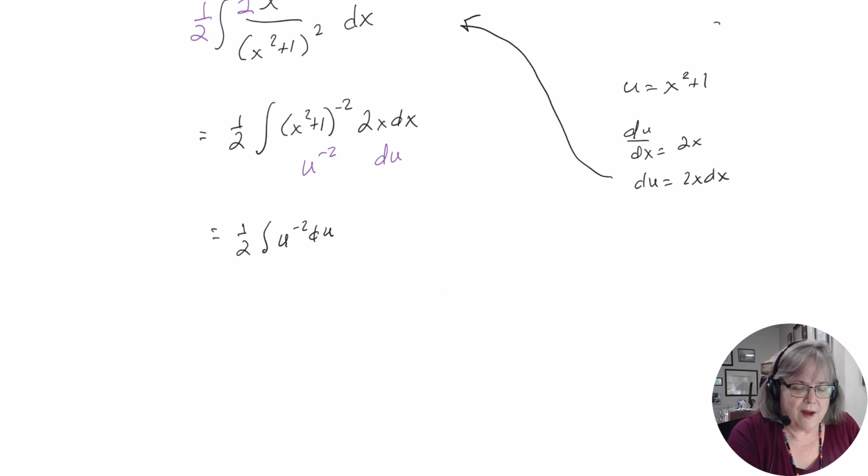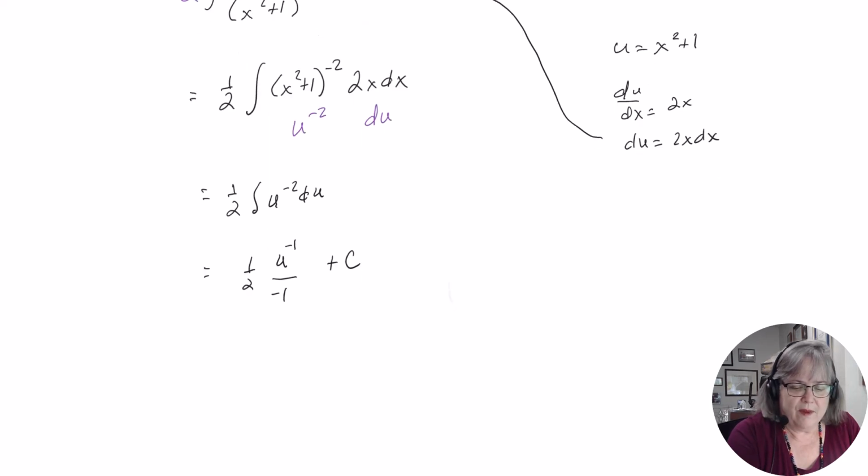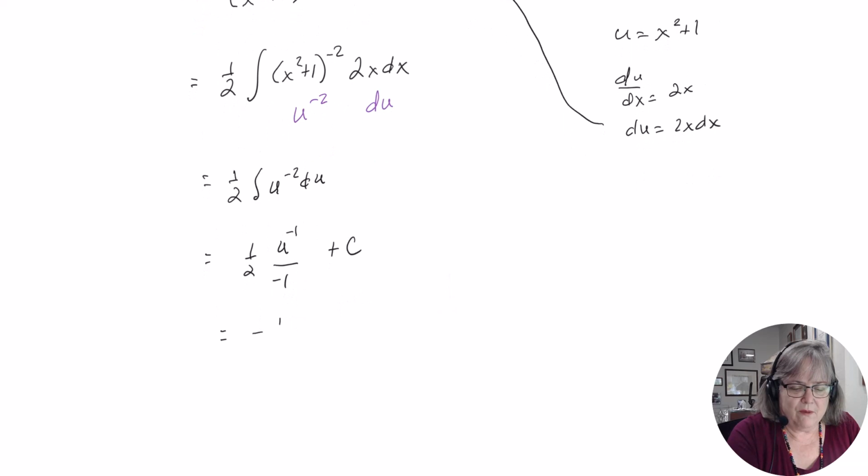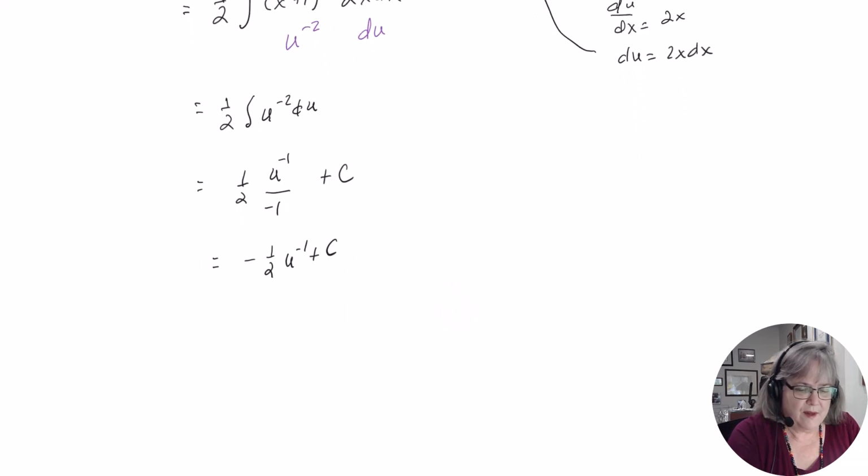So this is just the power rule. So we have 1/2 u, add 1 to the power, so that'd be a -1 now, divided by the new power, plus c. So this is -1/2 u to the -1 plus c. So this is -1/2 (x squared plus 1) to the -1 plus c.